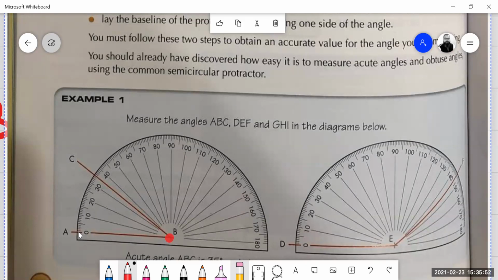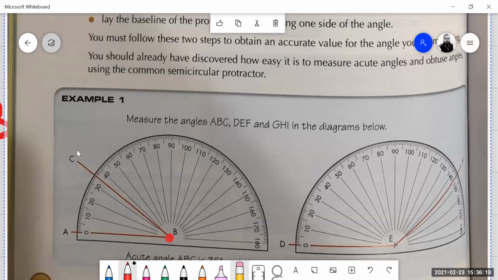After that, we will start measuring from here. From here to here 10, then 20, 30, and 40. Here are 10 lines, and every one line represents 1 degree. The whole is 180 degrees.